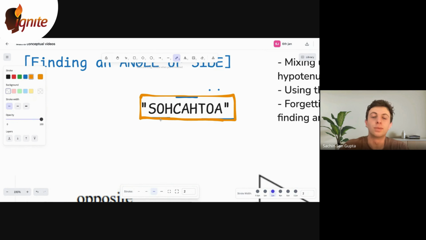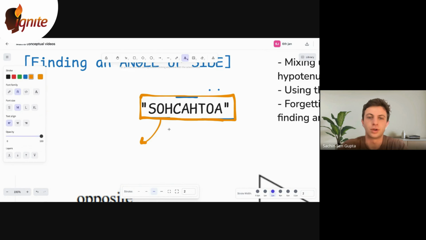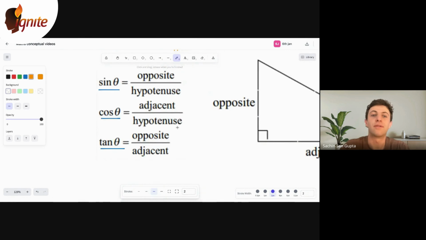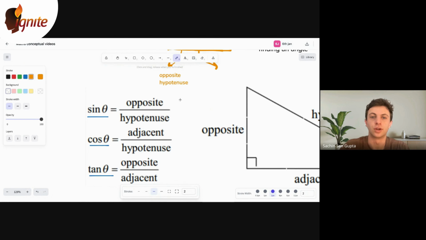Even better, you could branch out a little more and write out the three ratios: opposite over hypotenuse, adjacent over hypotenuse, and opposite over adjacent, alongside SOHCAHTOA. That's fundamentally important to remembering it.